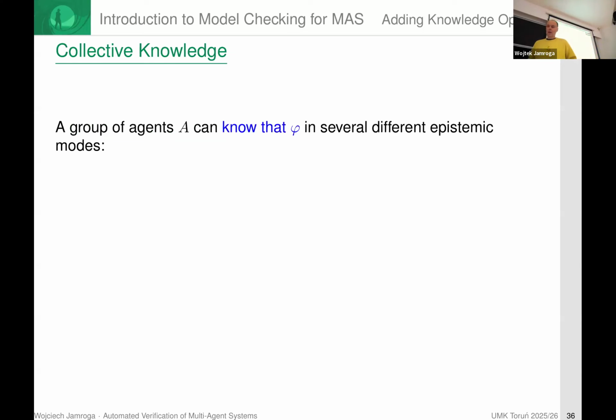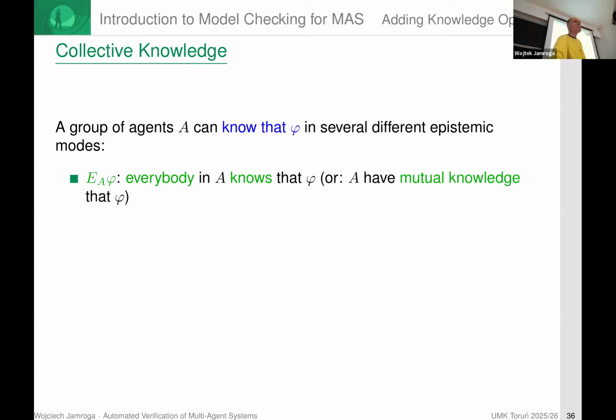Collective knowledge, I don't think I have the time to talk about that much. Just to signal that if we want to say that a group of agents collectively know that phi is the case, it is not unambiguous. There are many different possibilities.